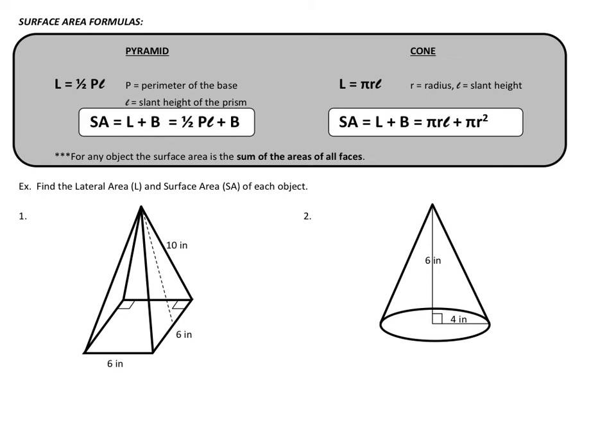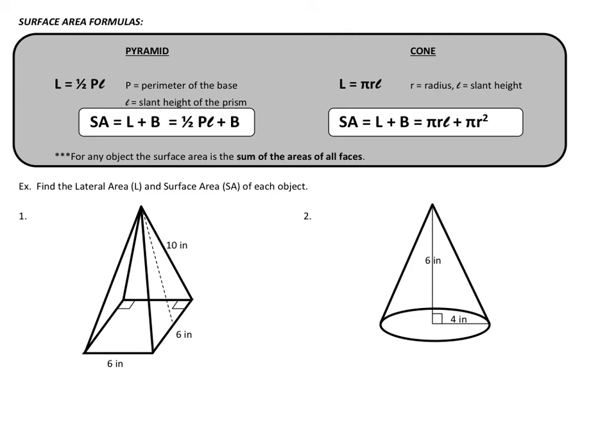If we're looking at the lateral surface of a pyramid, it's always just the area of these various triangles that make up the lateral area of this pyramid. So it's going to be 1/2 times the perimeter of the base.